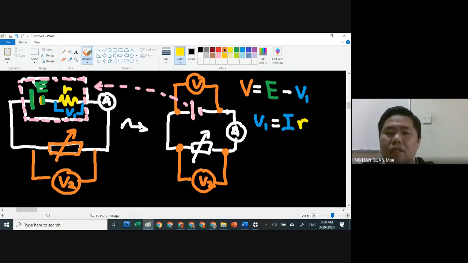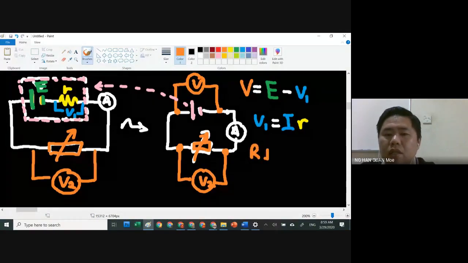So when we adjust the rheostat R, when we lower down the rheostat R, we increase the current. Right? We increase the current.